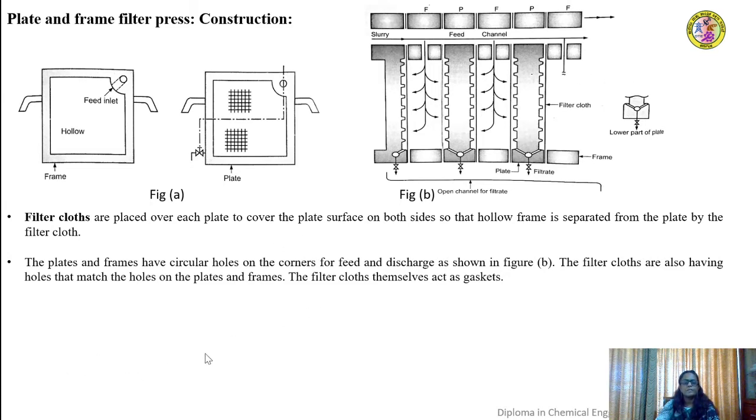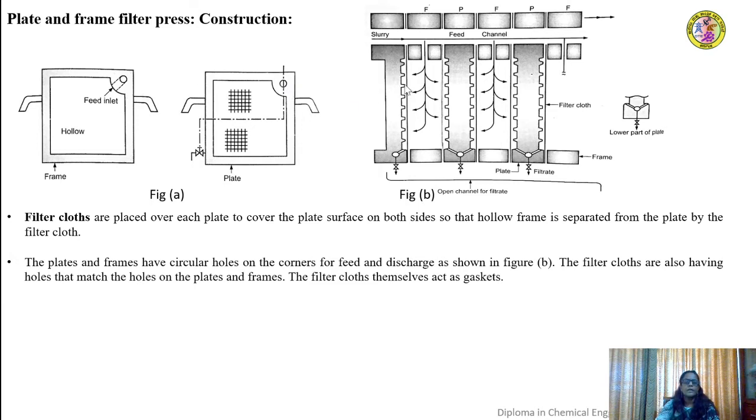The plates and frames will have a circular hole in the corners for feed inlet and a discharge connection at the bottom as shown in figure B. See, this is how usually a frame is constructed. Each plate and frame both will have a corner hole such that when they are placed one after the other, these corner holes will match with each other.